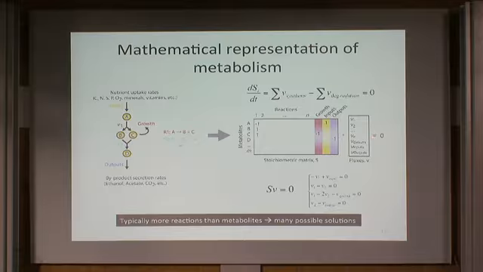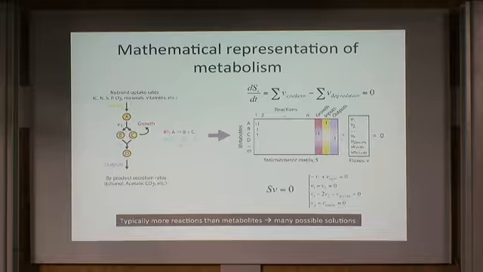Basically, per metabolite you have a mass balance equation over all the reactions where it was synthesized and degraded, and you assume a constant growth steady state condition, with no metabolite change over time, and it boils down to solving this system of equations.